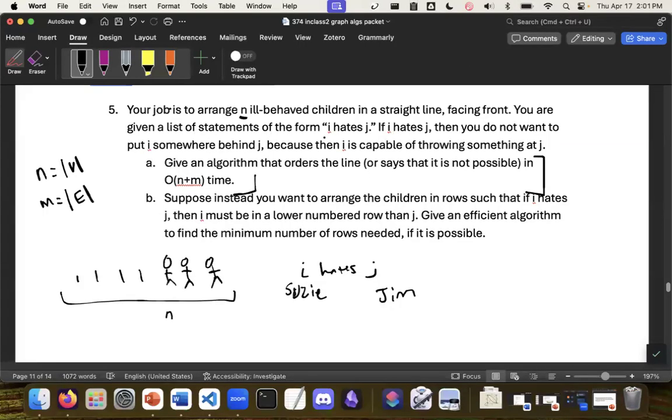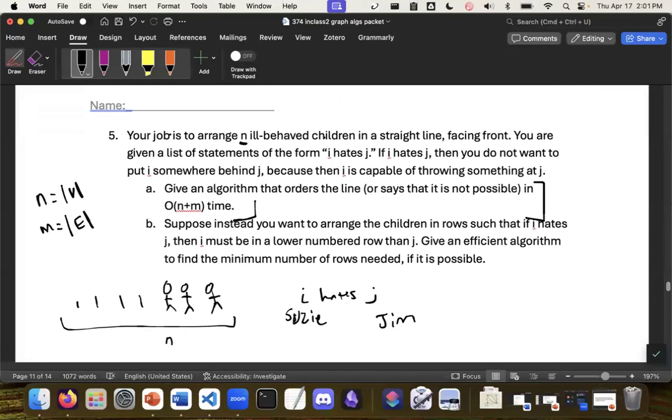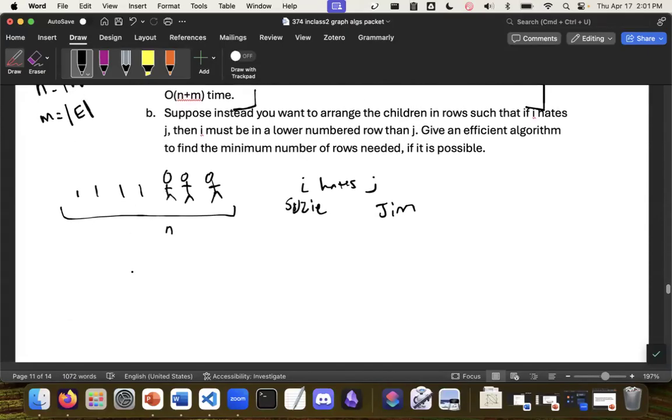All right, let's come back for a moment and just make sure that we're all talking about the same thing. Hopefully we've been staring at this for a minute. What's our vertices? The children? And what's our edges? Hatred?